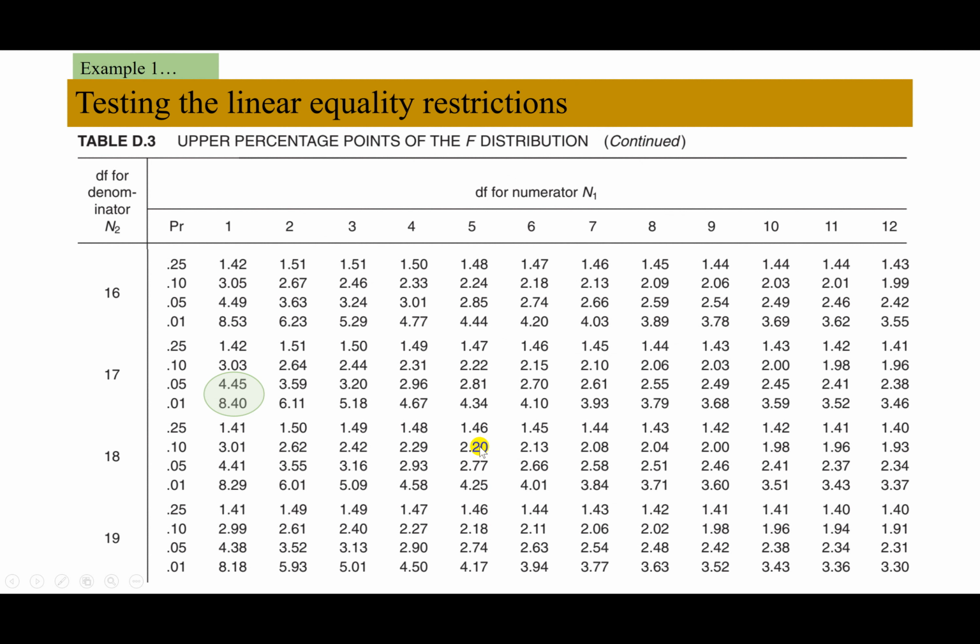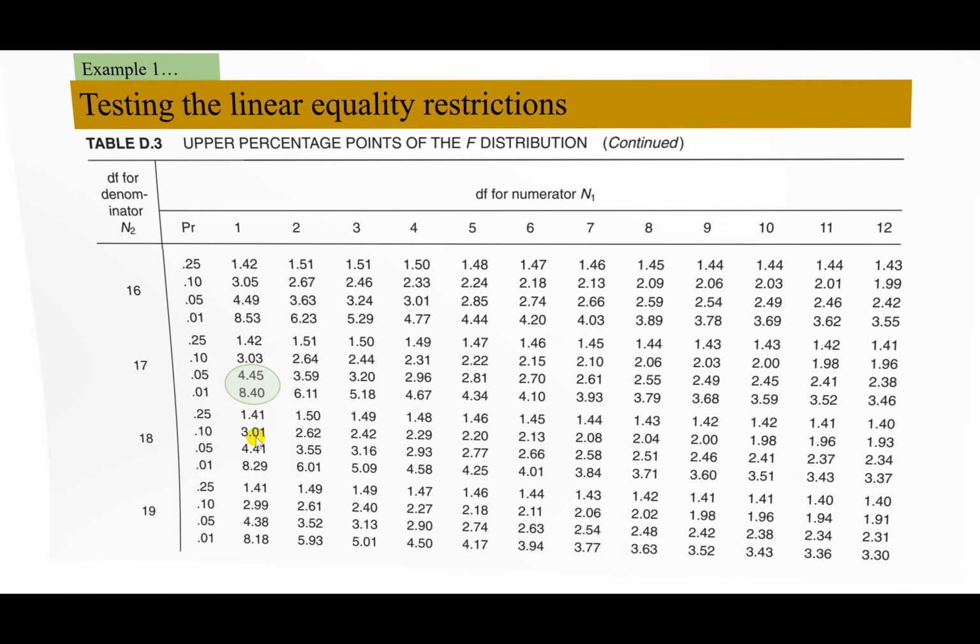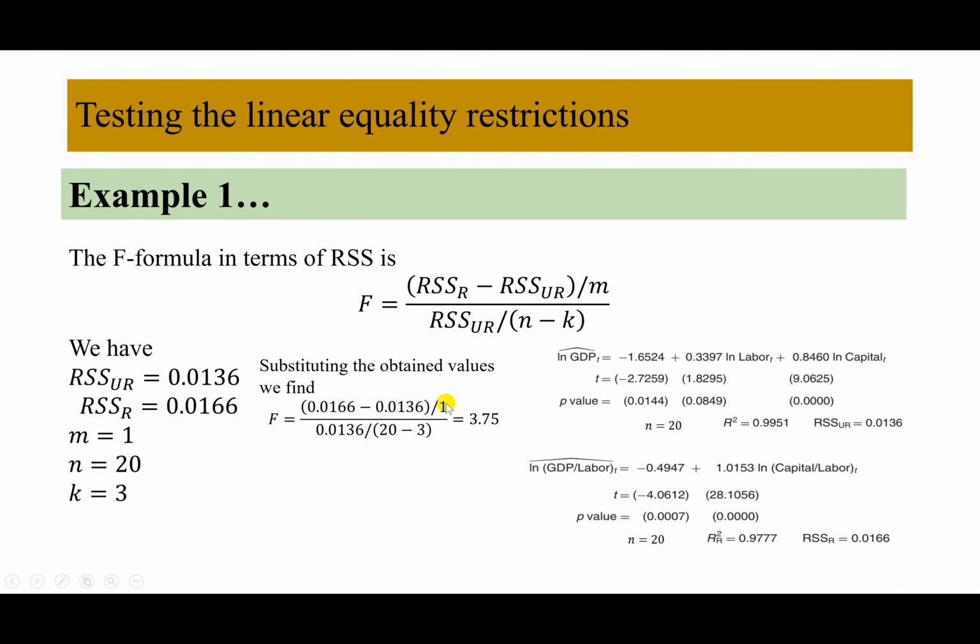Now, let us find the critical F value from the F distribution table. We have a numerator degrees of freedom of 1 and a denominator degrees of freedom of 17. Here the numerator degrees of freedom is 1, and if we subtract 3 from 20, we get 17.